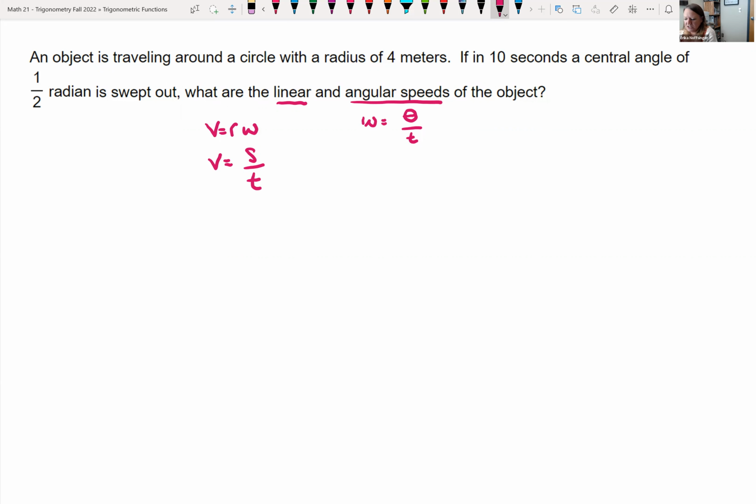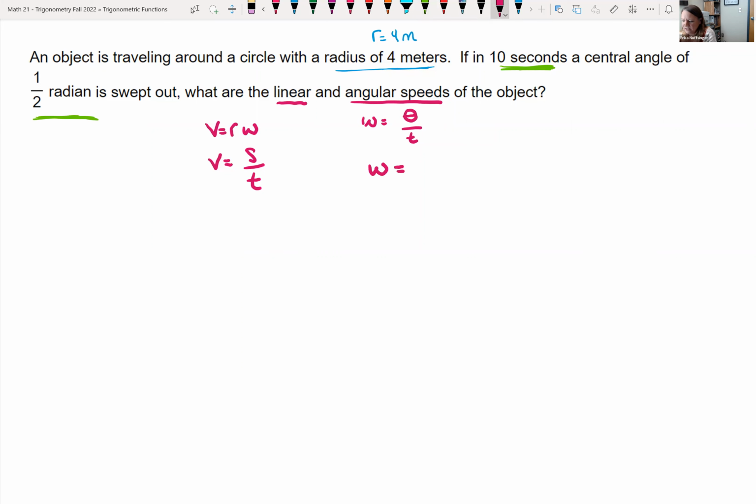Reading through the question again, an object is traveling around a circle with a radius of 4 meters, so we know our radius is 4 meters. If in 10 seconds, time is 10 seconds, the central angle of 1/2 radians is swept out. So let's look at omega, the angular speed.